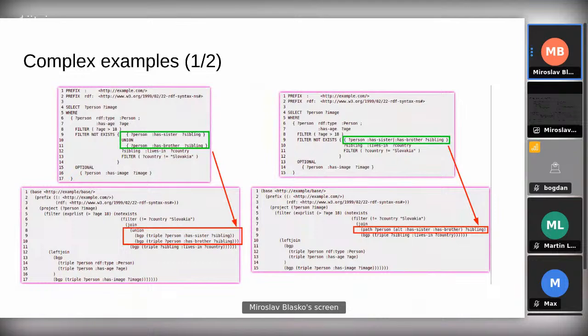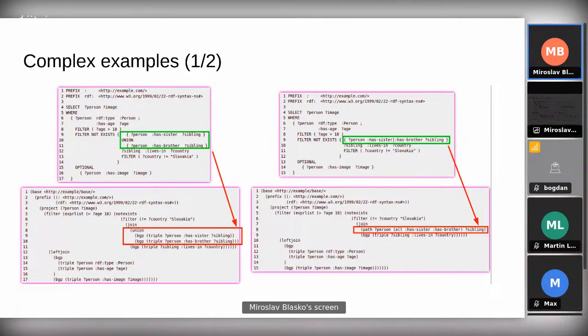Basically that's it. I have here some complex examples and how they translate in this online tool. If you have time, it would be nice if you go over it and try to find out whether they really mean the same or not, using the algebra and going to the SPARQL specification, where it is specified what those operators mean.